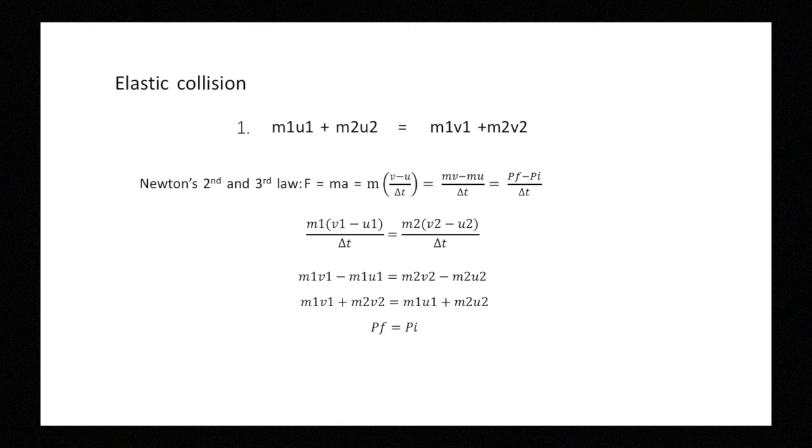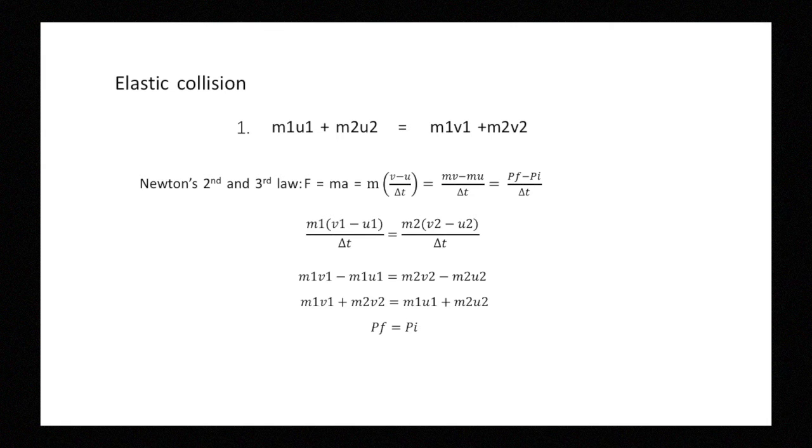As we mentioned before, in an elastic collision, the kinetic energy will always be the same. So we can use Newton's second law and third law. F equals mass times acceleration, where the acceleration can be written as v minus u divided by delta t.